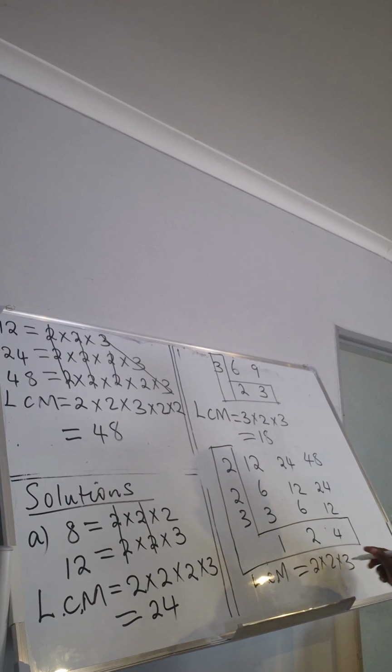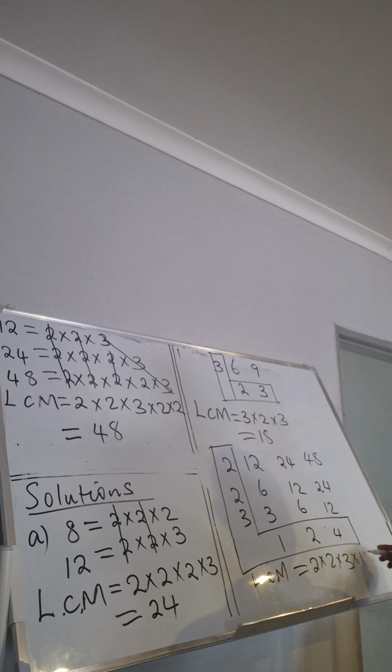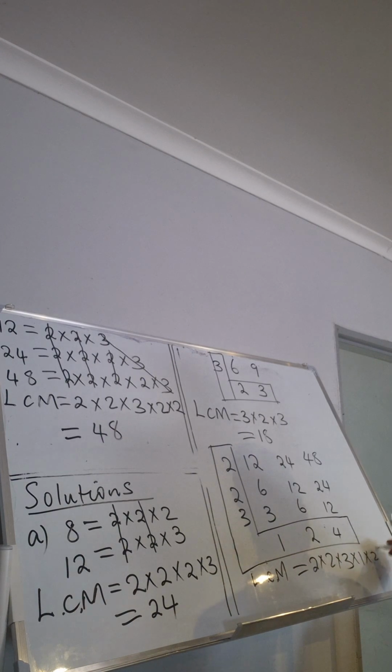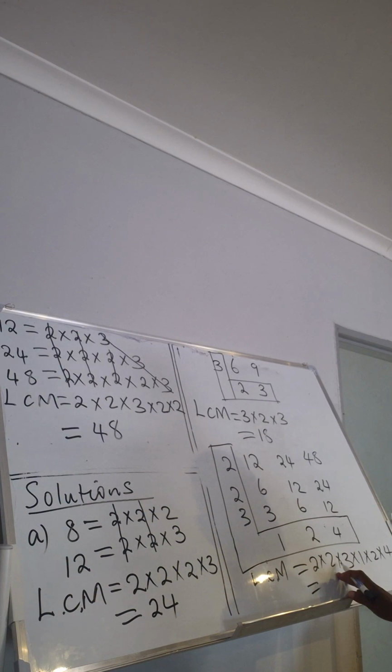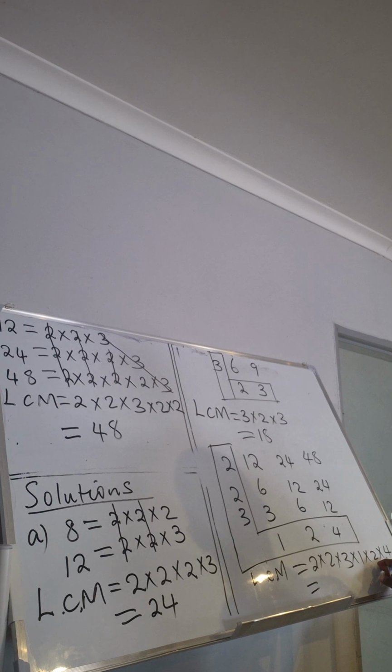Then you come here, times 1 times this 2 times the 4. Let's see if we are going to get the same thing there. 2 times 2 is 4. 4 times 3 is 12. 12 times 2 is 24.